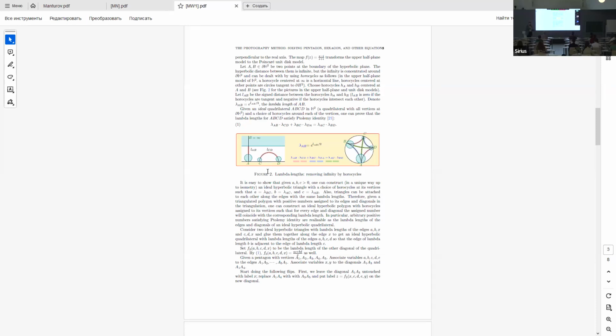But in this situation, if we have a quadrilateral, these lambda lengths may be more or less arbitrary. More or less arbitrary means that we may impose something like a triangle inequality, but we need not impose too many equalities.